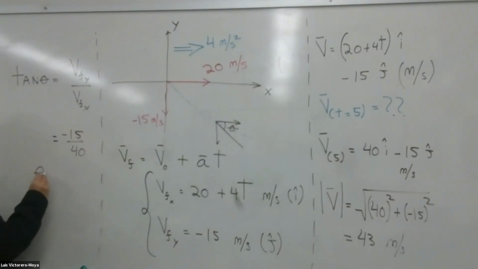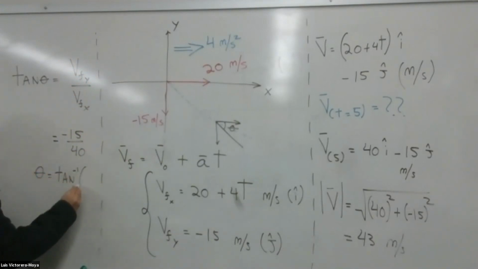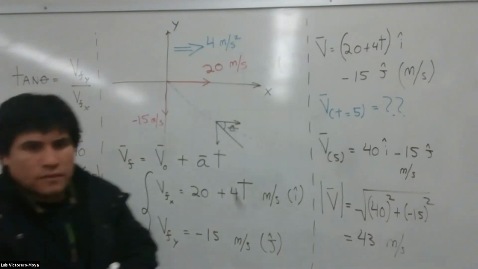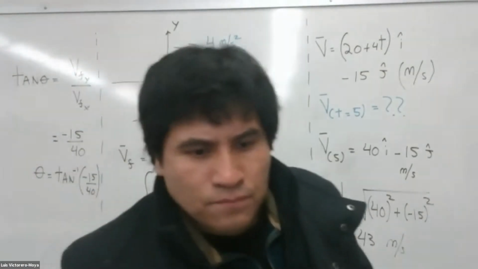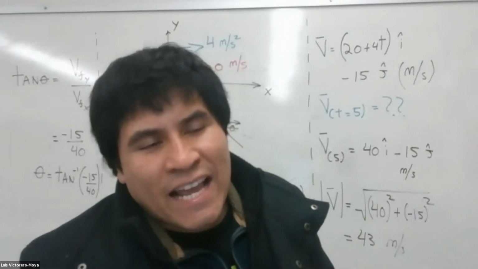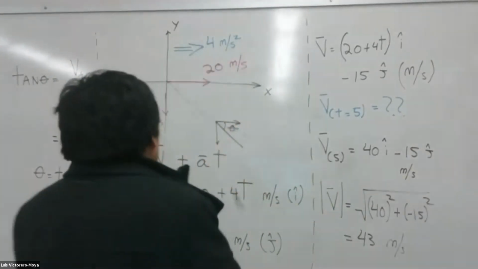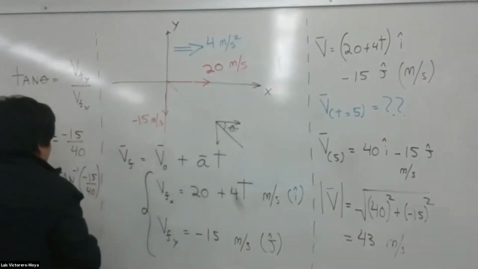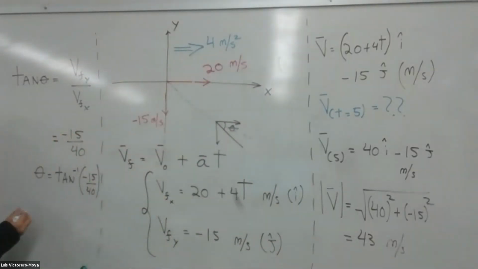So theta will be the tangent inverse of negative 15 over 40. And what is that? You go into the calculator and we find that it's approximately negative 21 degrees. So we get negative 21 degrees.